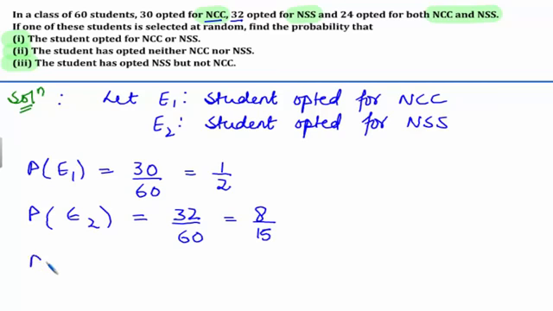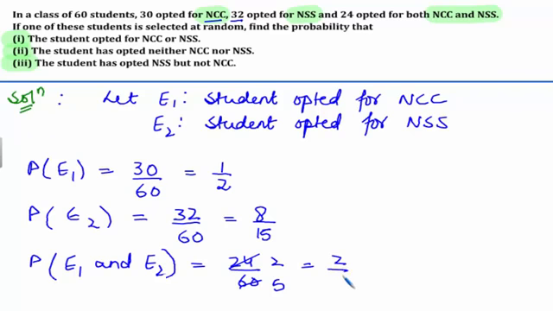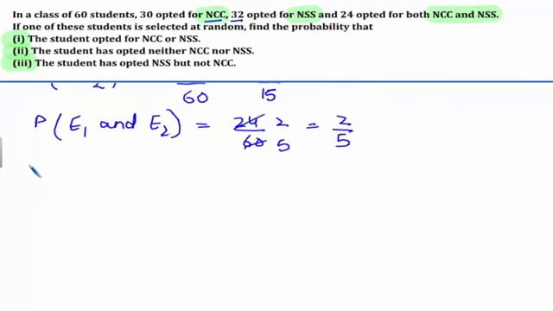And also we are given that probability of E1 and E2, that a student opted for both NCC and NSS, is 24 upon 60, which is equal to 2 upon 5.